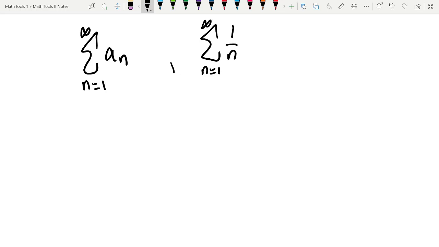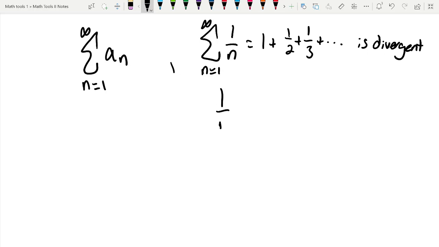is that the sum of 1 over n from n equals 1 to infinity. If you remember, this is 1 plus 1/2 plus 1/3, etc. This is not convergent. This is a divergent series, even though the sequence itself converges to 0.